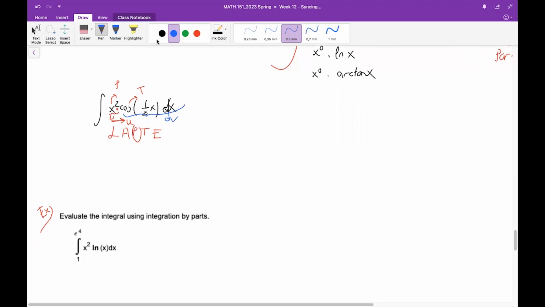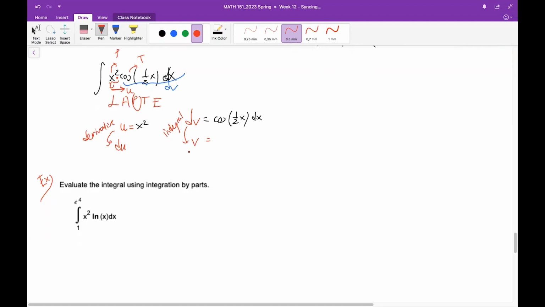By using this shortcut. Then we choose u, right? u is chosen correctly as x squared and dv is chosen correctly as cosine 1 over 2x dx. And then from u to du, you will pass by taking the derivative. And from dv to v, you will pass by taking the integral. Okay, this is our diagram.